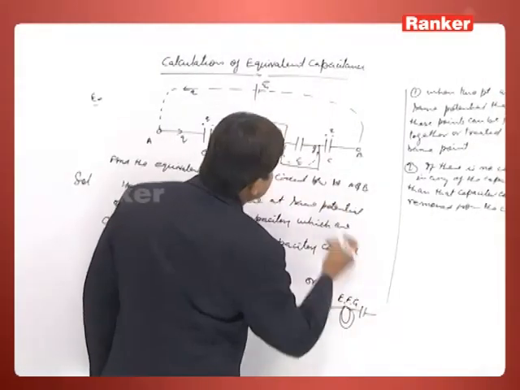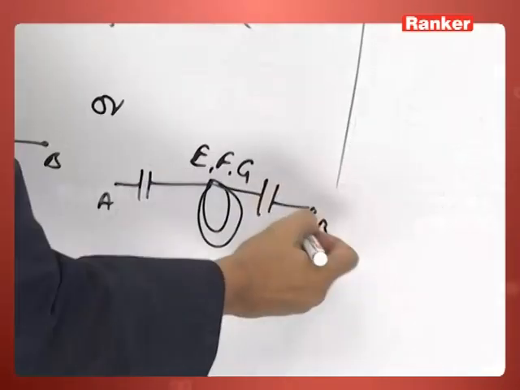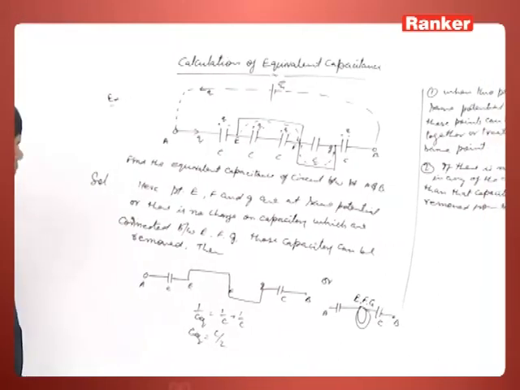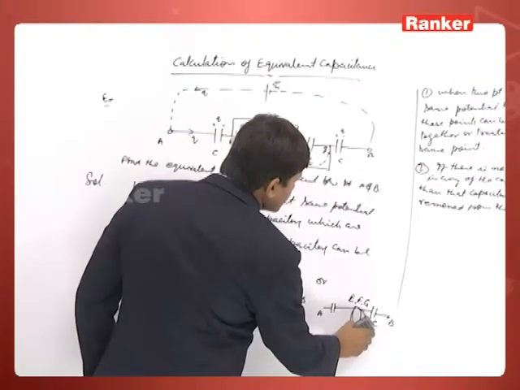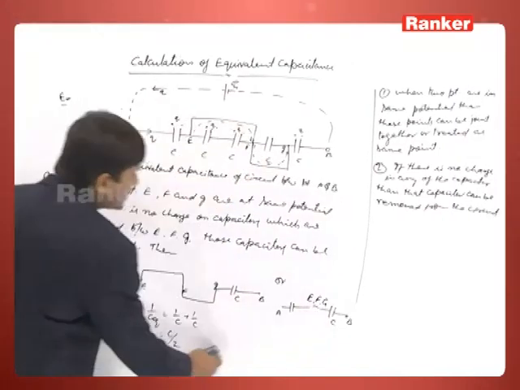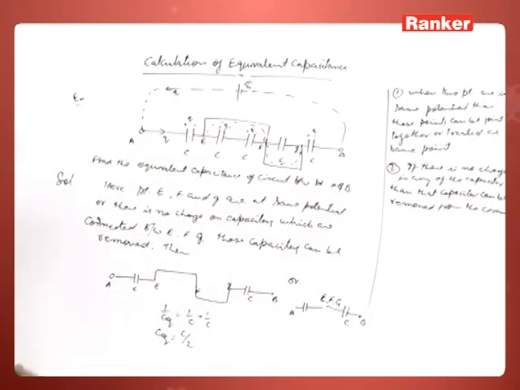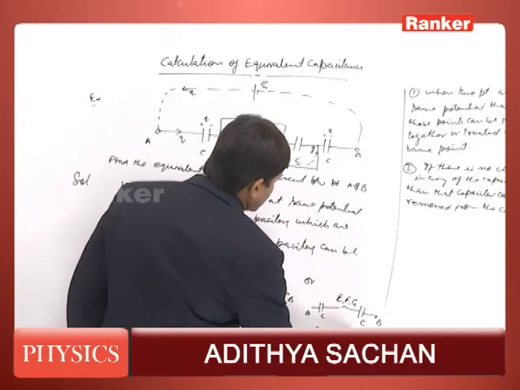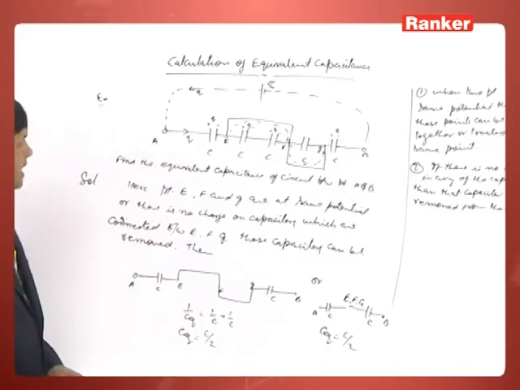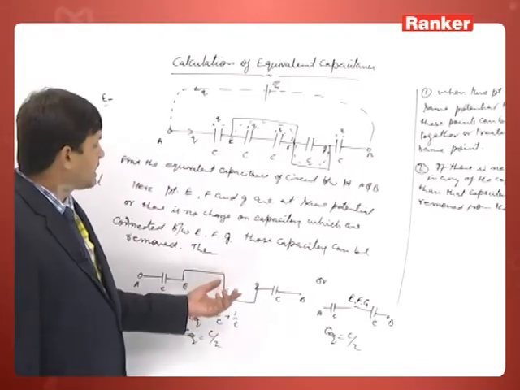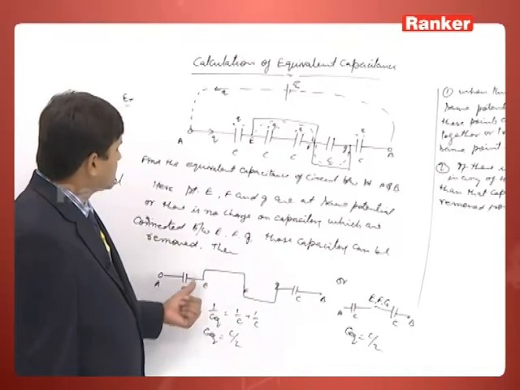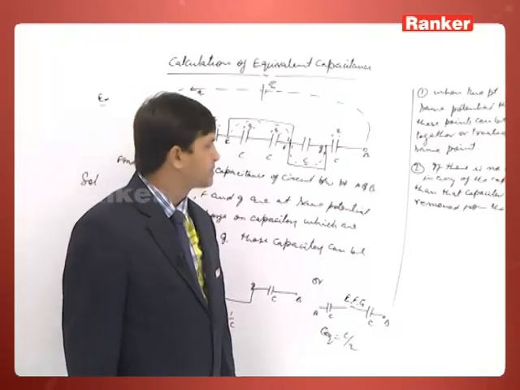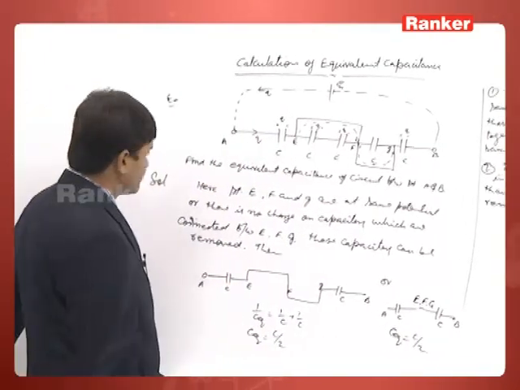Then G and B, C, like this. When they are making a loop with the same starting and finish point, there is no meaning of this. So now A and B are again in series. The C equivalent will be C by 2. Likewise, we can convert either by removing the capacitor, or we can make a common point like this.